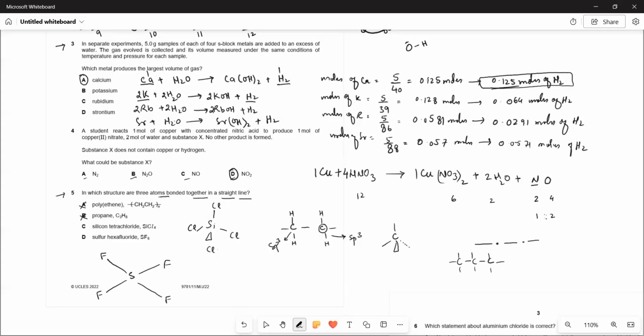And this sulfur is present at the center of the surface of this table. So what's the angle between these two? 90, and these two, 90. So we can see that fluorine, sulfur, and fluorine are in a straight line. These 3 atoms. Similarly, these 3 atoms are in a straight line. Clear?